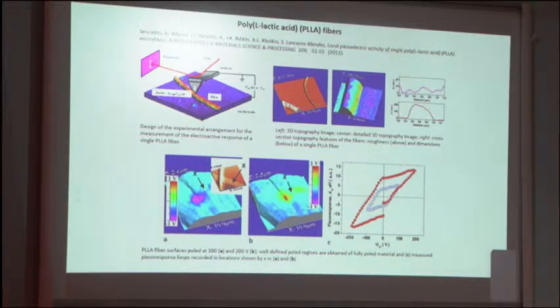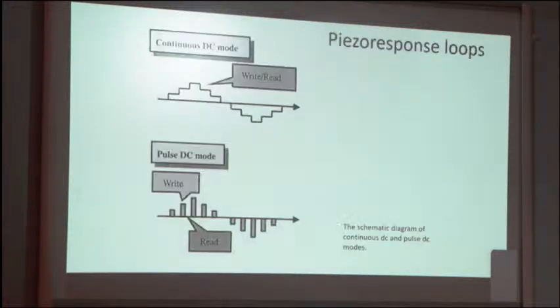This is a very, very well-known effect for ferroelectrics. If you have one orientation of polarization and you apply voltage, you can switch and obtain a hysteresis loop. In AFM, atomic force microscopy and piezo force microscopy, it is possible to do a local hysteresis loop. This is a scheme.